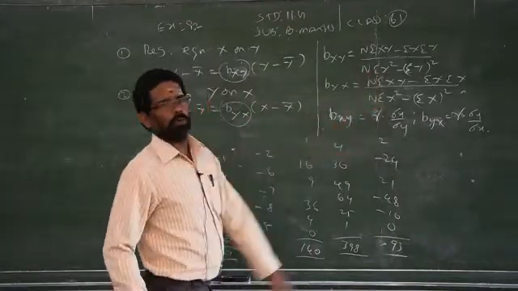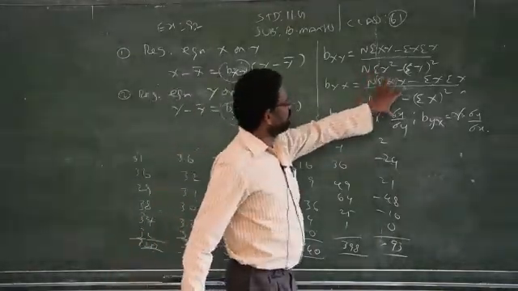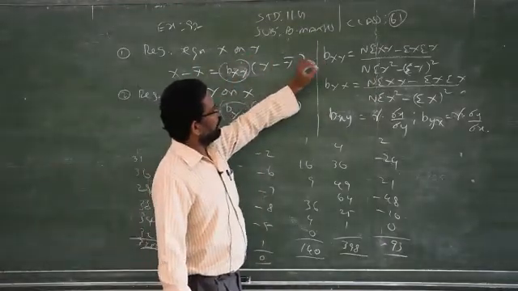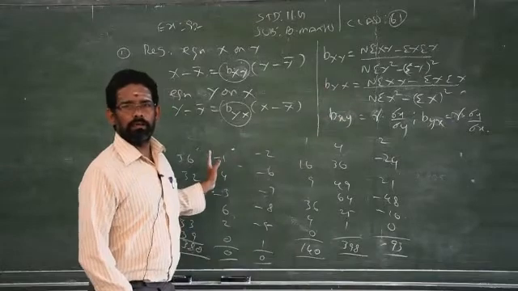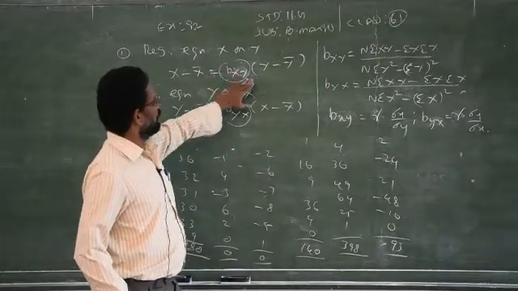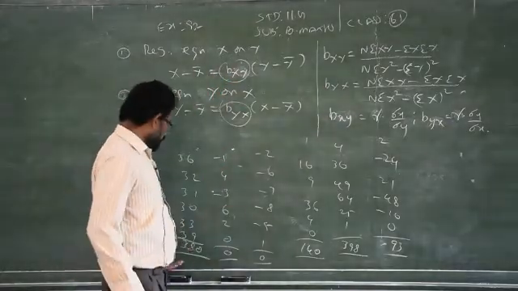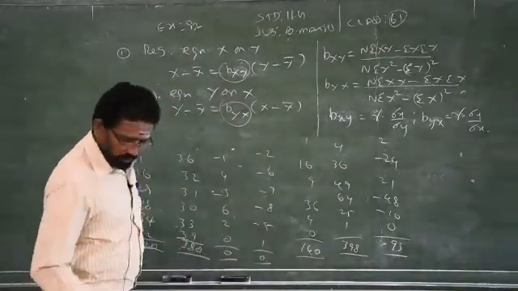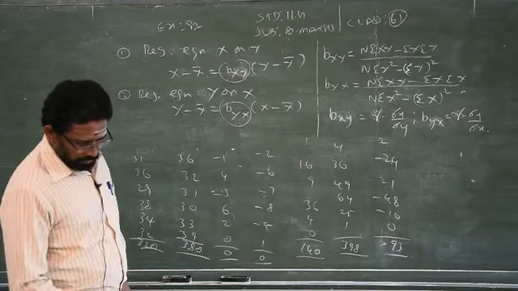Depending upon the question, you select the formula and substitute, find first b_xy or b_yx, then substitute the relevant values which you found already. Clear? Just substitute, you will get the answer. Now you are asked to find the 2 regression equations.